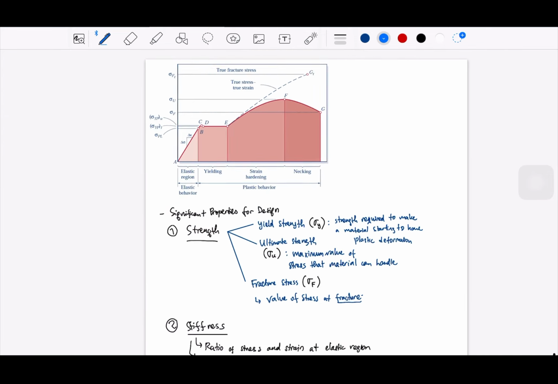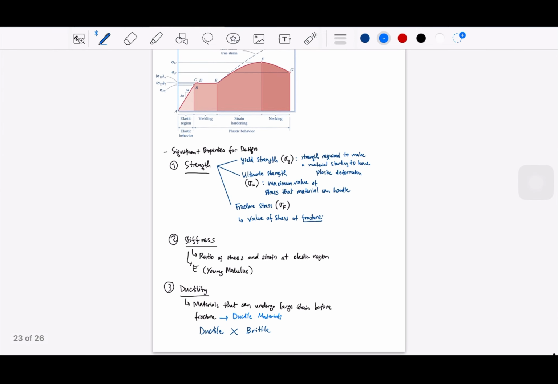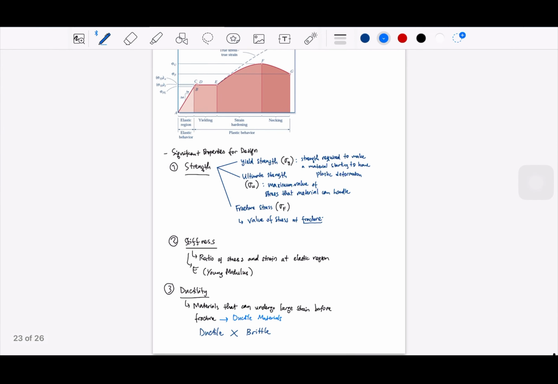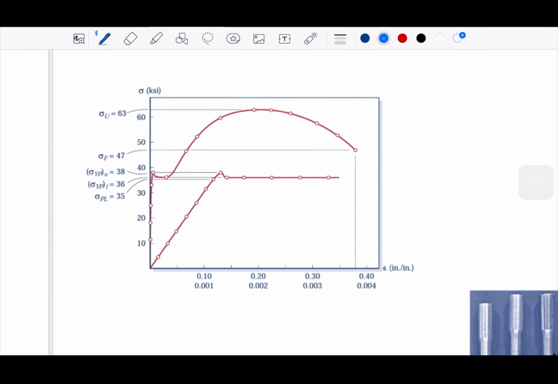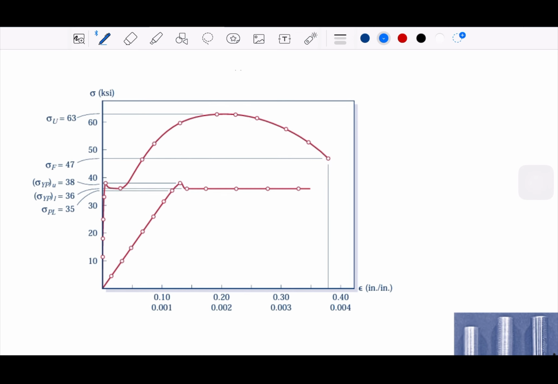Okay, now let's go to the next. We have strength, stiffness, ductility. We discussed this last time. And another thing, although this is not a standard unit, this is KSI, kilopounds per square inch.